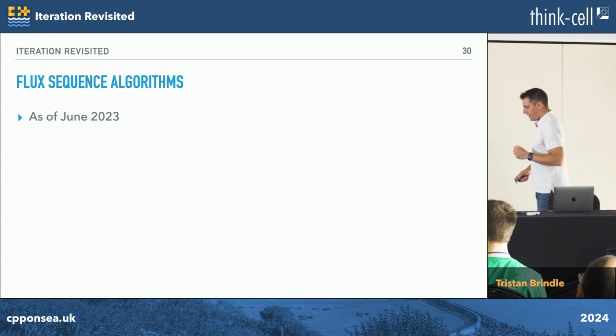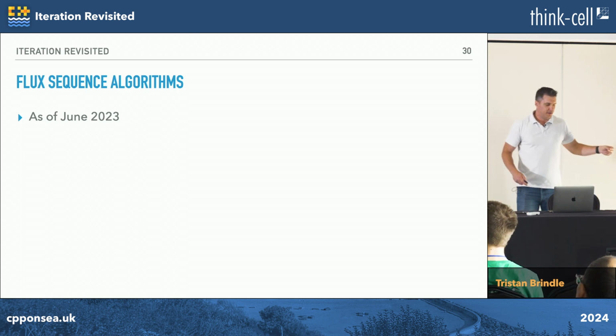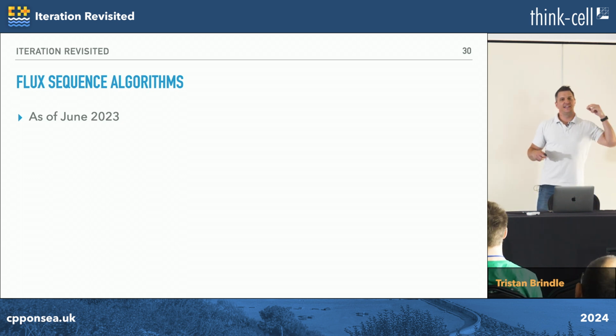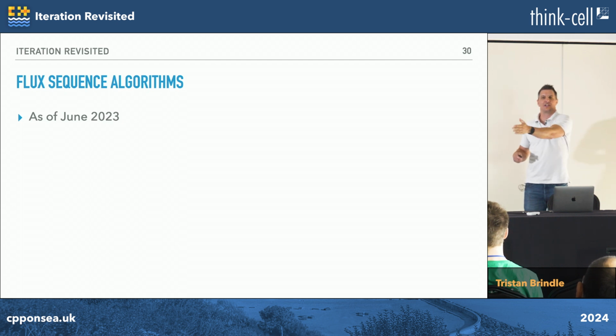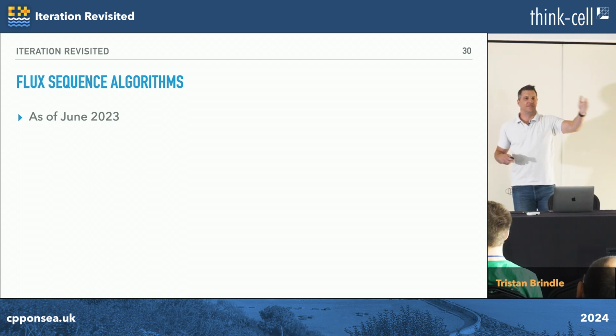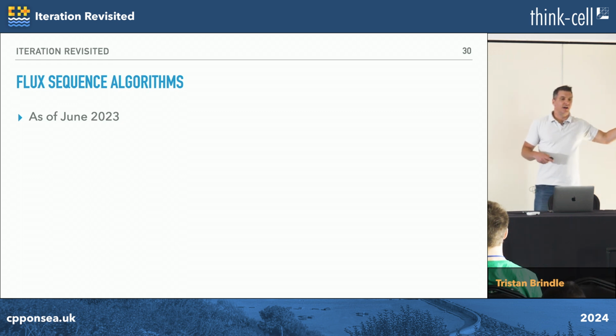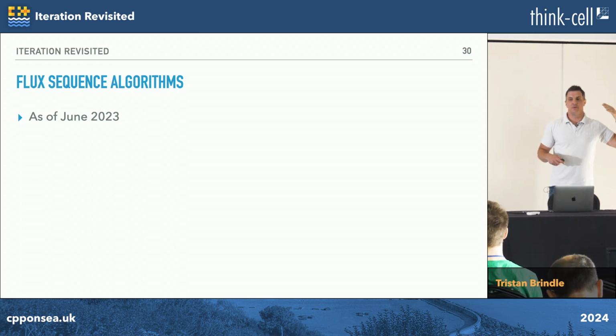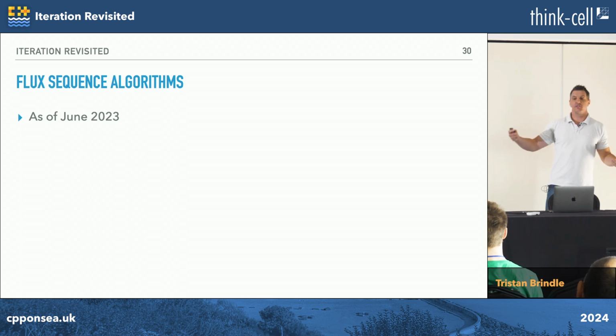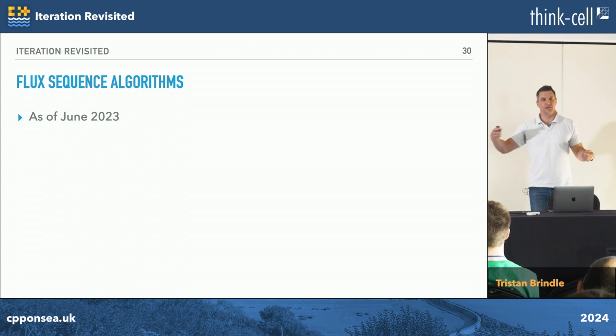So again, if you're familiar with C++20 ranges, you can see that there's a really direct correlation between the Flux sequence concepts and the range concepts, and even a pretty much one-to-one mapping between the Flux operations, these four things I talked about, and the iterator operations, operator plus plus, operator star, etc. And this is not by accident, right?